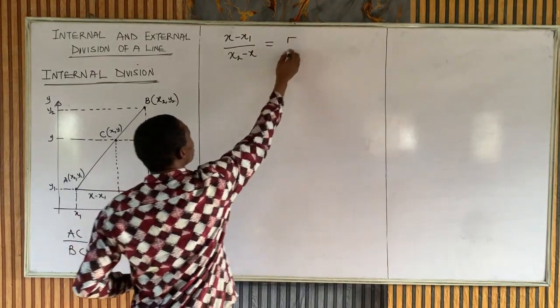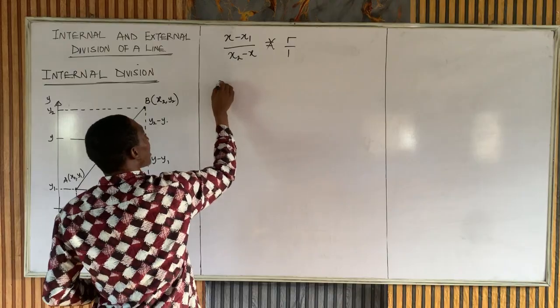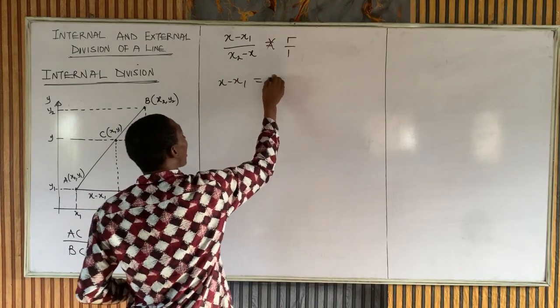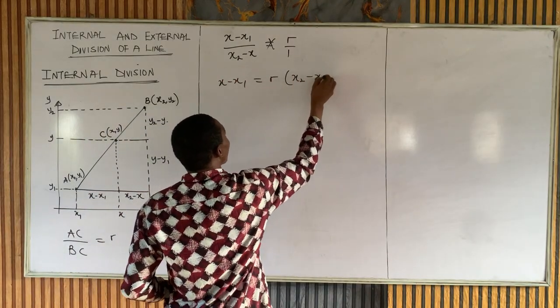Now on cross multiplying, this will give us x minus x1 being equal to R into x2 minus x.